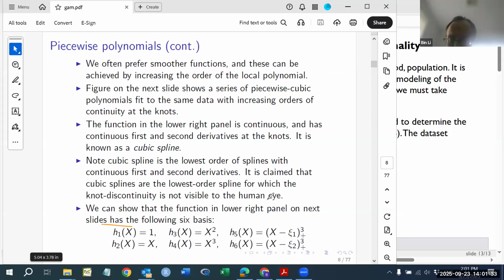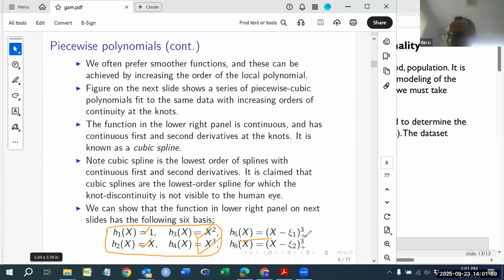So we have these four terms, and these four terms are global terms. I think you can easily recognize that. The first one is the global intercept, then the global linear, global quadratic, and global cubic terms. So these four are global terms. We have two local terms.